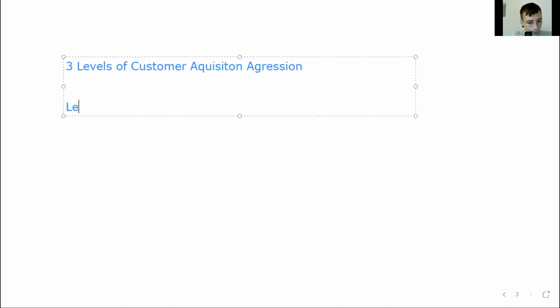Level 1 is where ideally you want to be: you spend money on ads and you're in profit that day.